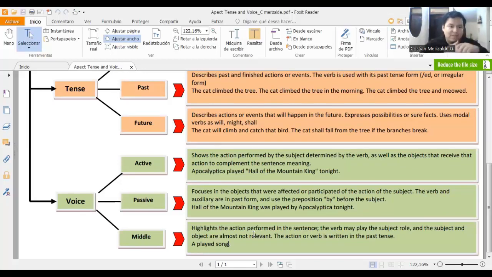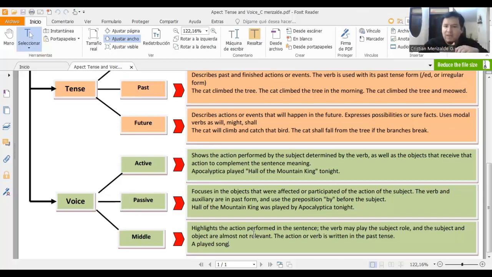And furthermore, voice focuses the attention of the sentence on the relevance of the subject or the function of the object, as well as how this object is affected, or maybe just on situations. That is the case of middle voice.